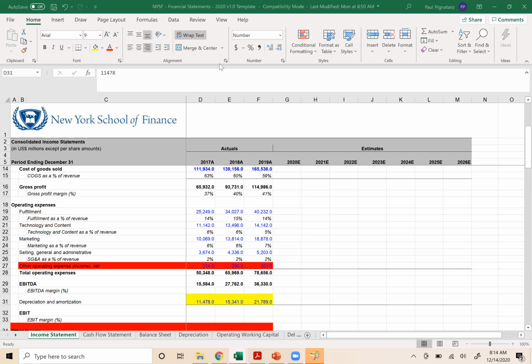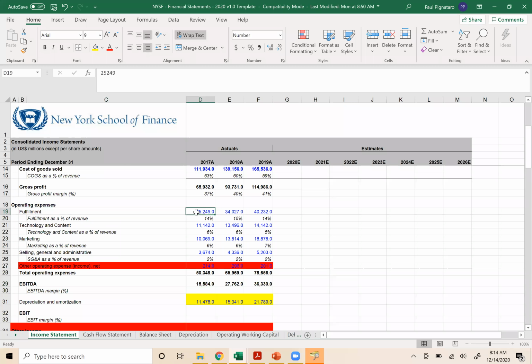And so what should give some peace of mind is if, let's say, depreciation and amortization is spread out between fulfillment and technology and content. And let's say you accidentally took it all out of fulfillment. Well, guess what? Your EBITDA number is going to be 15 million, let's say.